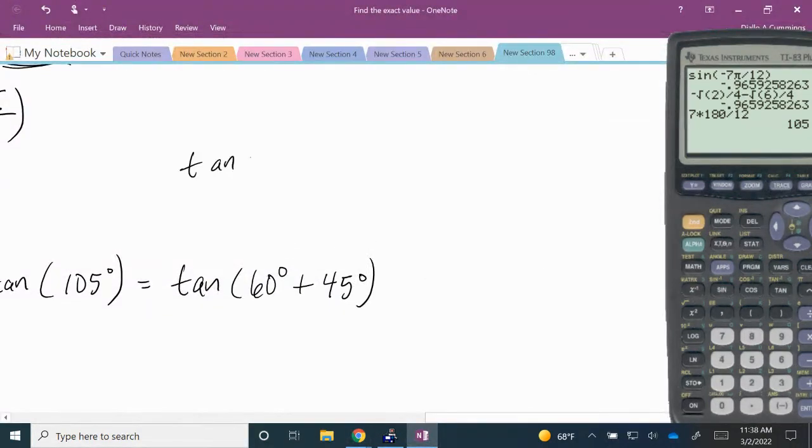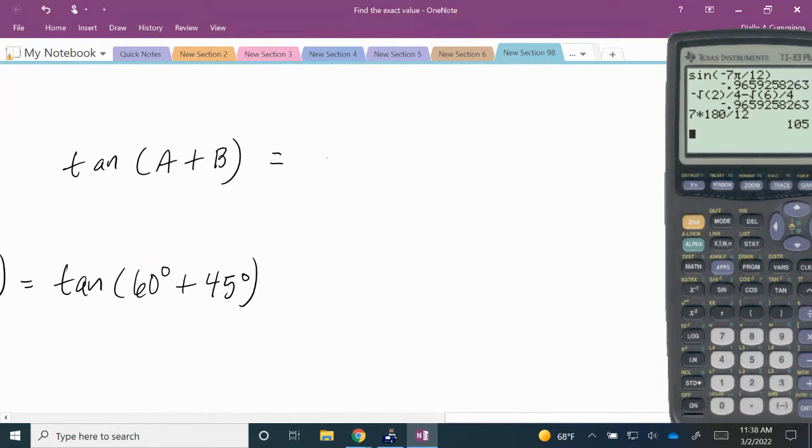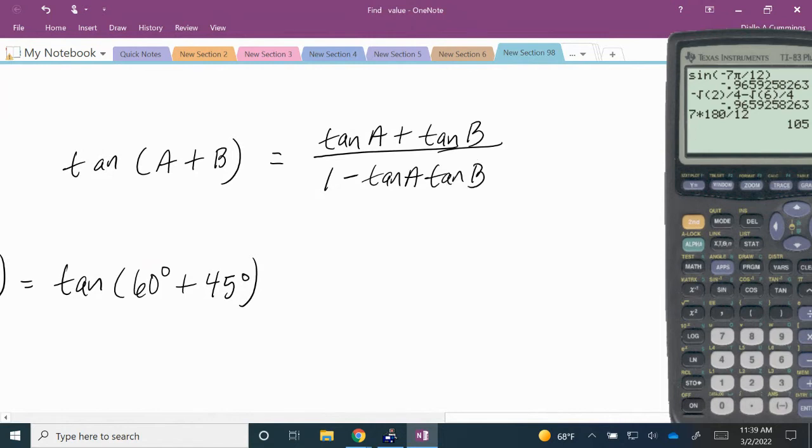So the tangent of a plus b is equal to tangent a plus tangent b divided by 1 minus tangent a times tangent b.